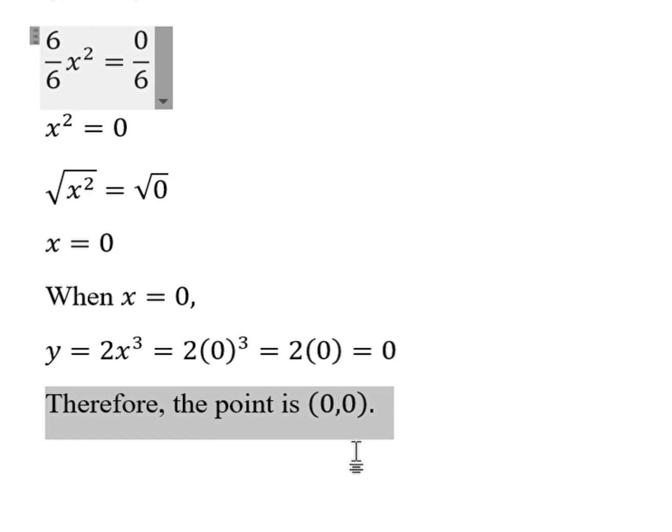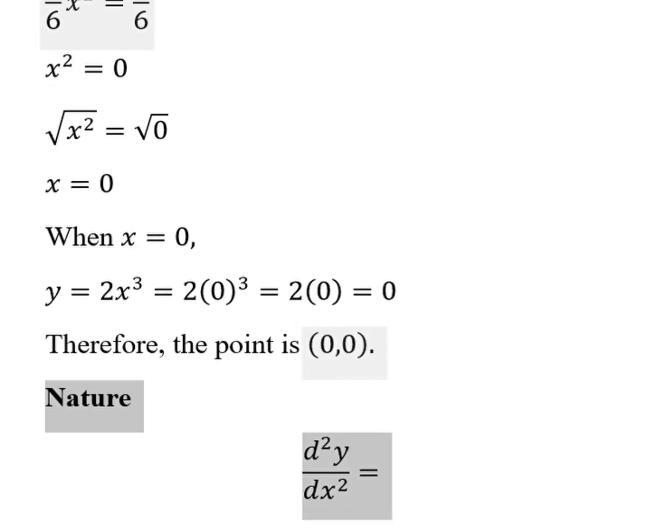Now we have identified the turning point, but we don't know whether it's a local maximum point, local minimum point, or a point of inflection. And for that reason, inspection is necessary. And for us to achieve that, we need to get the second derivative. So how do we get the second derivative?